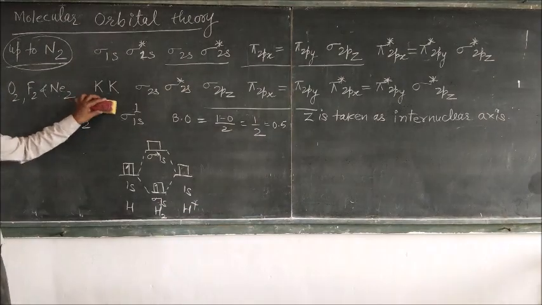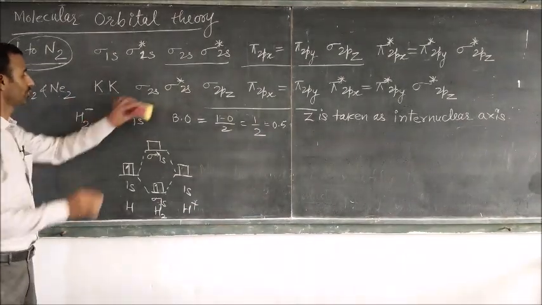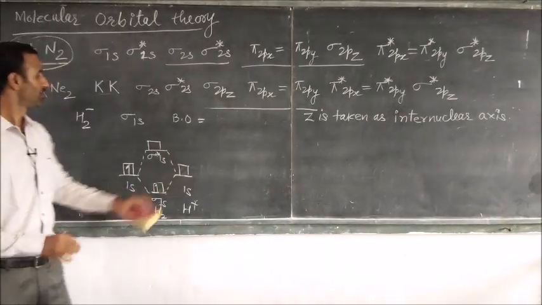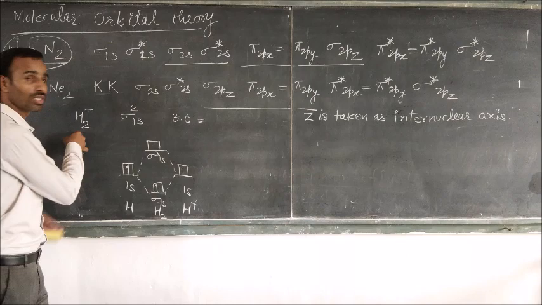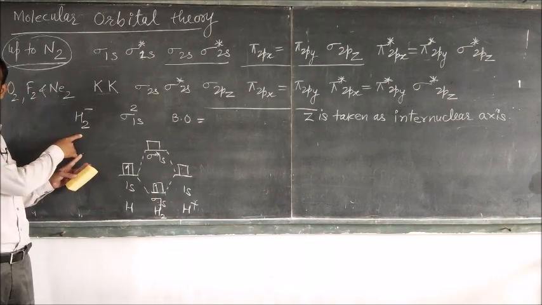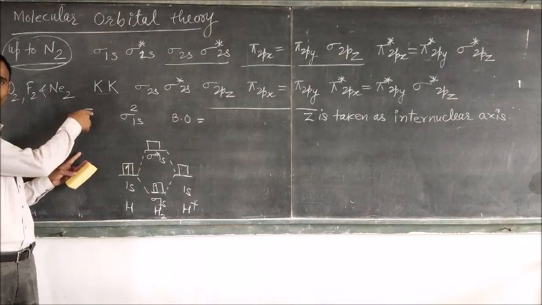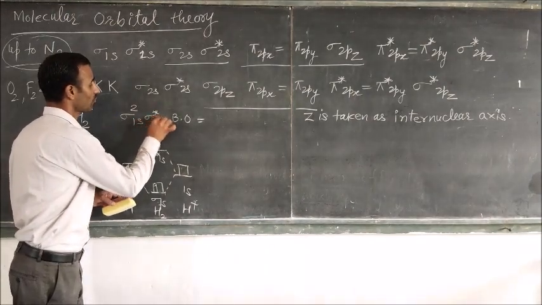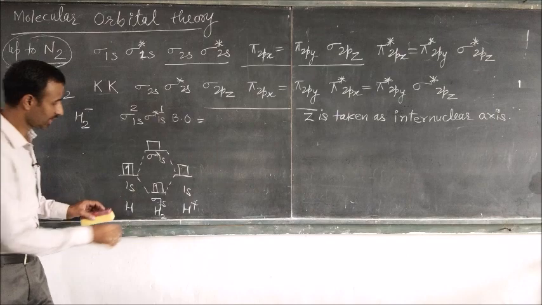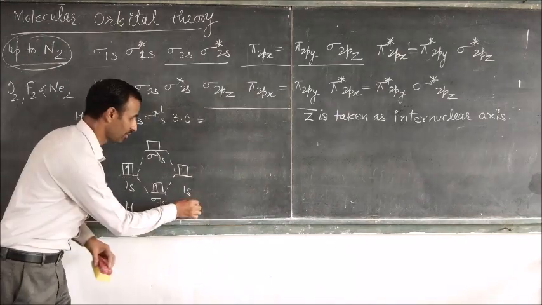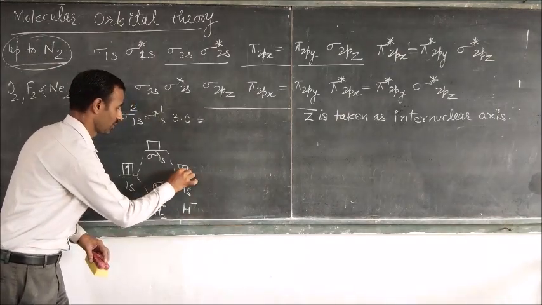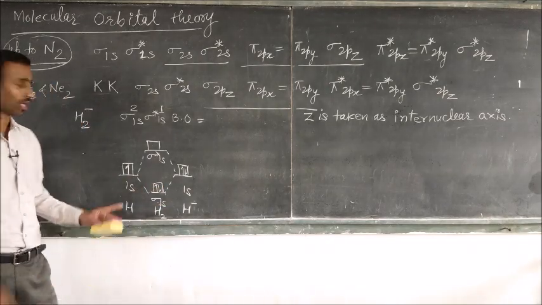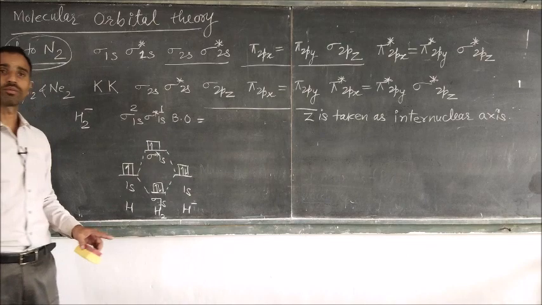Then H2 negative. It has now 3 electrons: 2 electrons from H2 and 1 from the negative charge. So sigma 1s2, sigma star 1s1. That is H and H negative. So total 3 electrons. 2 are in bonding and 1 is in anti-bonding.